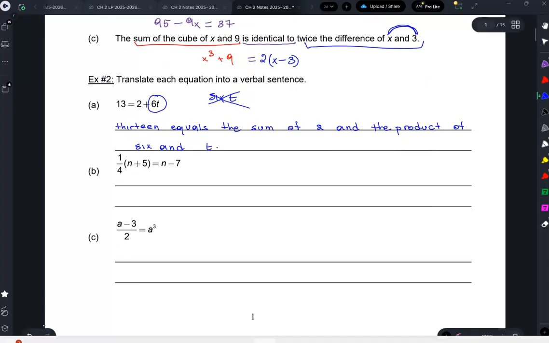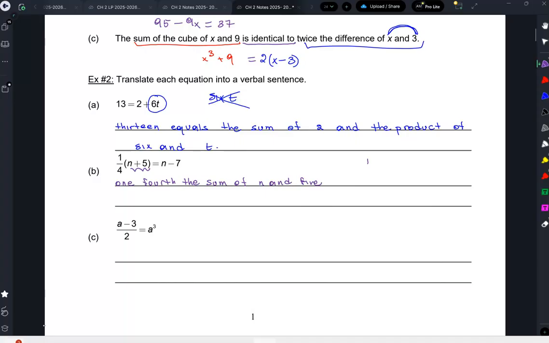Okay, this one. 1/4, right? 1/4. And then this, like, you have to specify that it's 1/4 quantity n plus 5. So I will say 1/4 the sum of n and 5. Okay, if you say 1/4 times n plus 5, that's not okay.